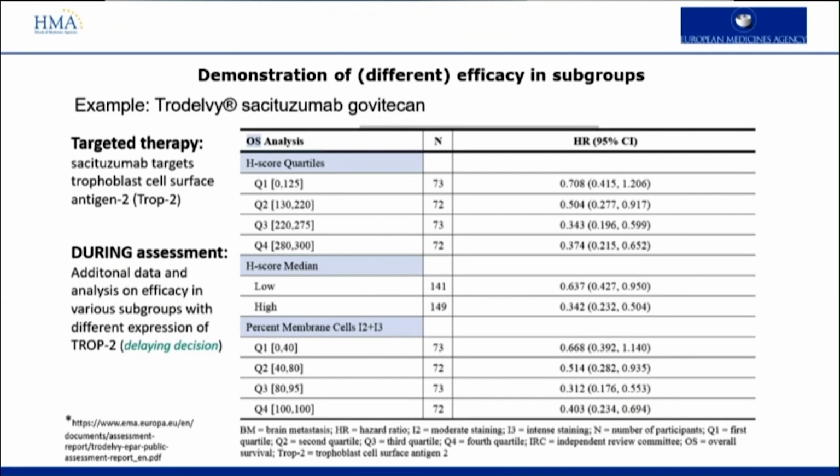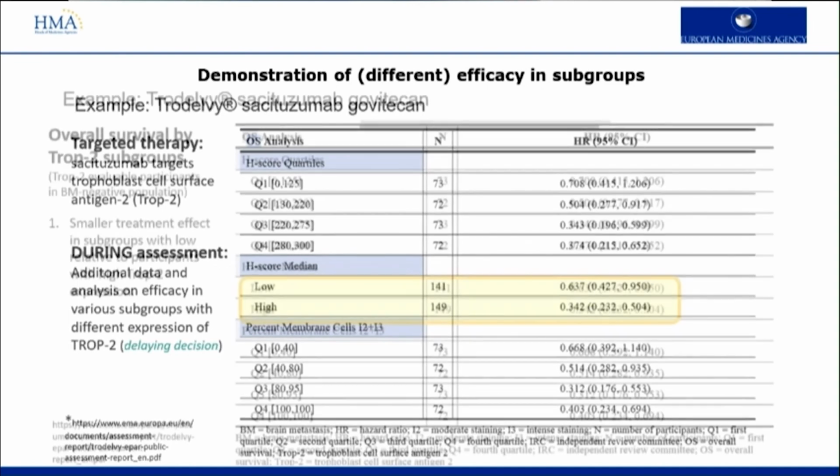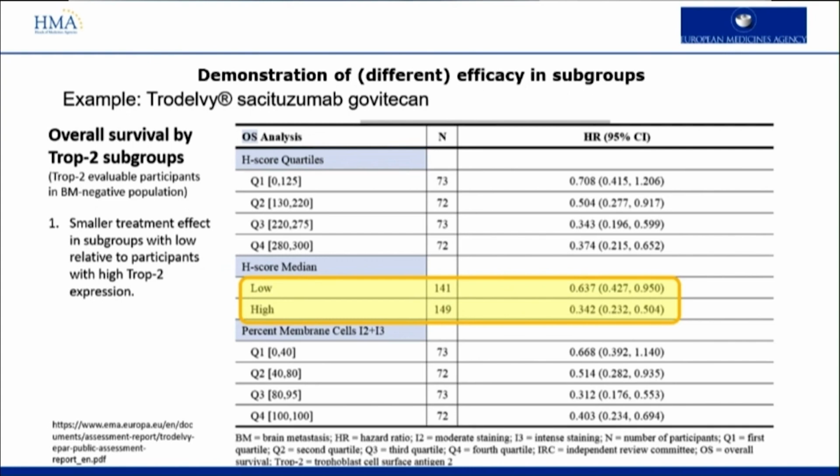In this case, only during the assessment of the marketing authorization application, additional data were provided, subdividing the overall population of breast cancer patients in different subgroups, depending on the quantity of the trophoblast cell surface antigen 2, the target of Trodelvy. It is easy to see that there is a difference between patients with high and low expression.